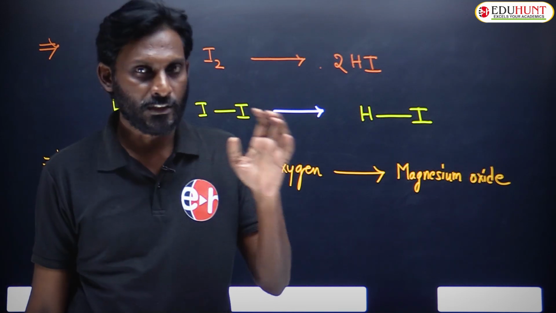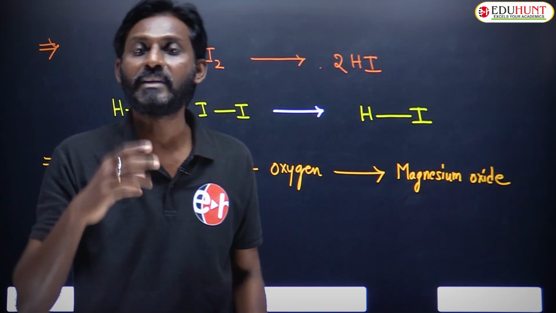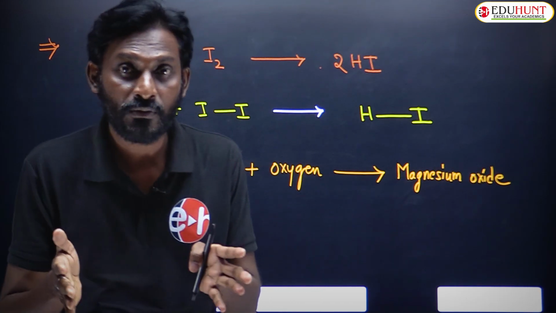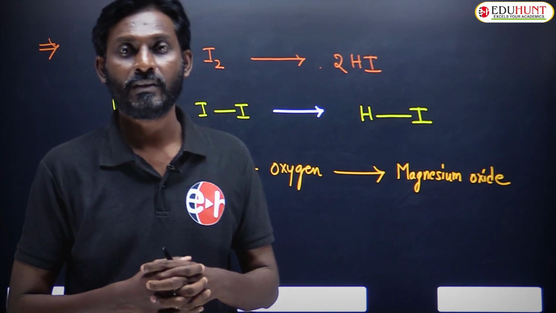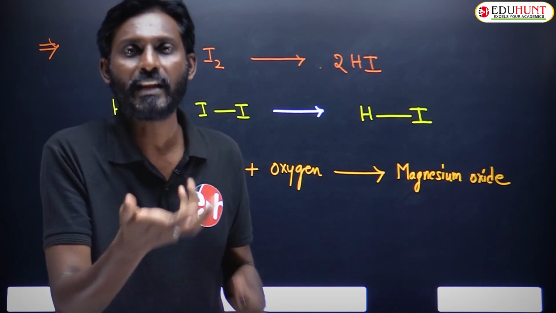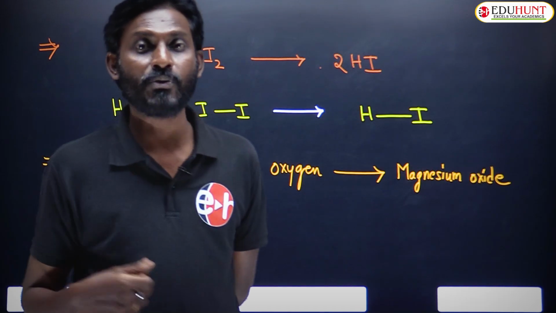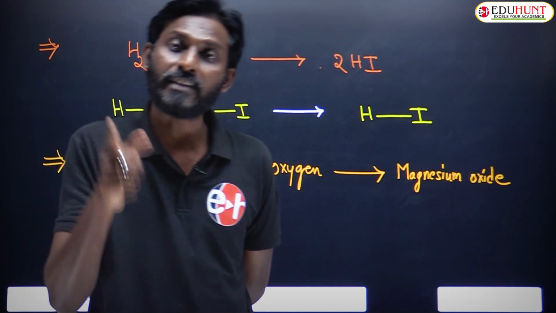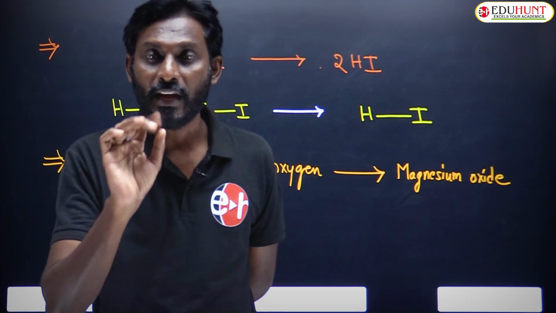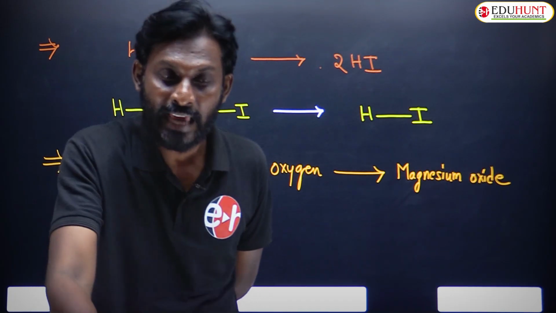As I told previously, when there is a chemical reaction, there are some things which we can observe with the naked eye. We can observe some properties, like some kind of coloration, some kind of color change, some kind of precipitate formation, some kind of gas evolution.